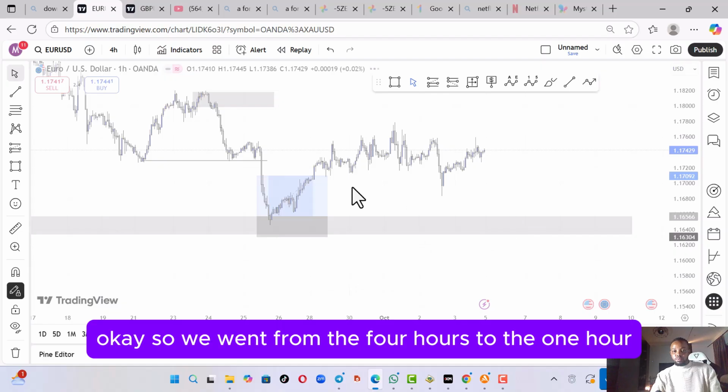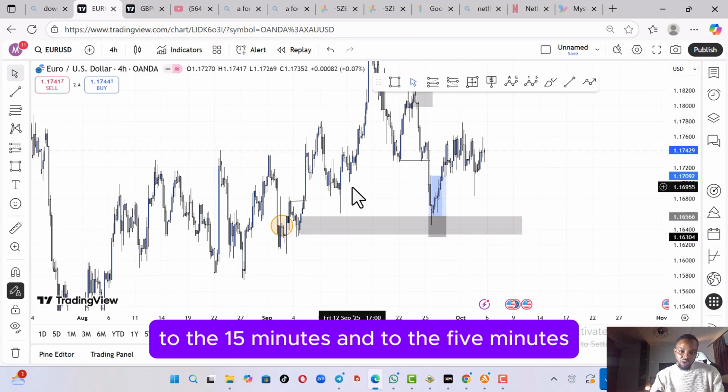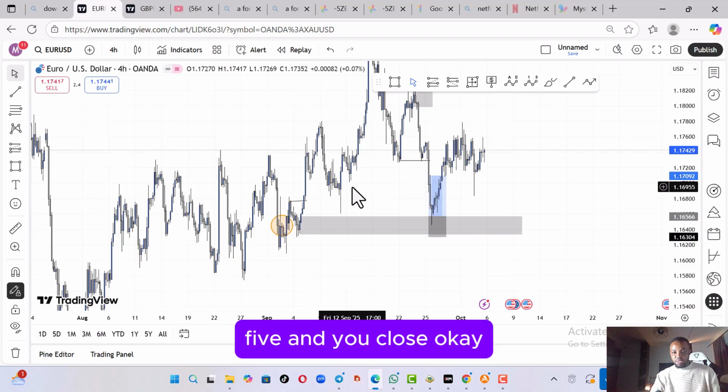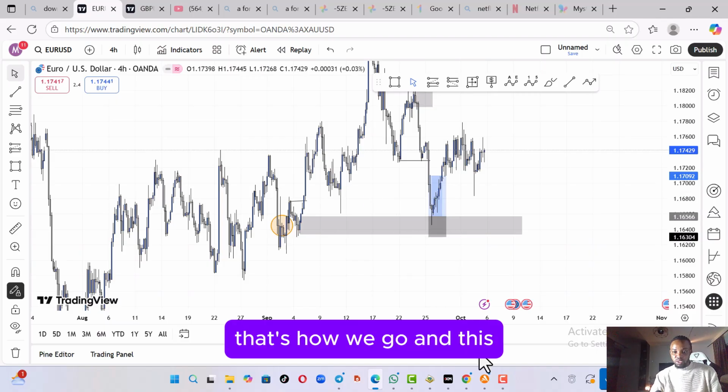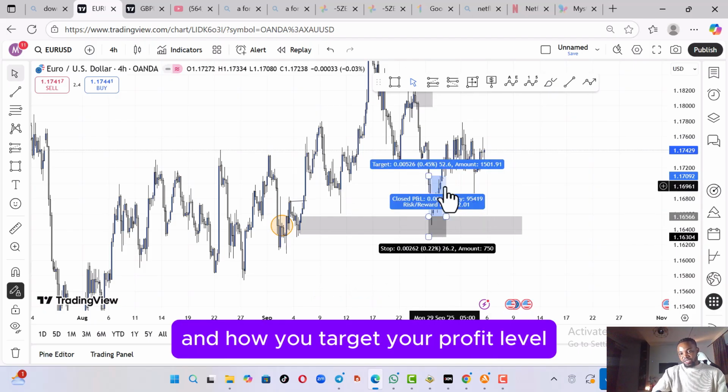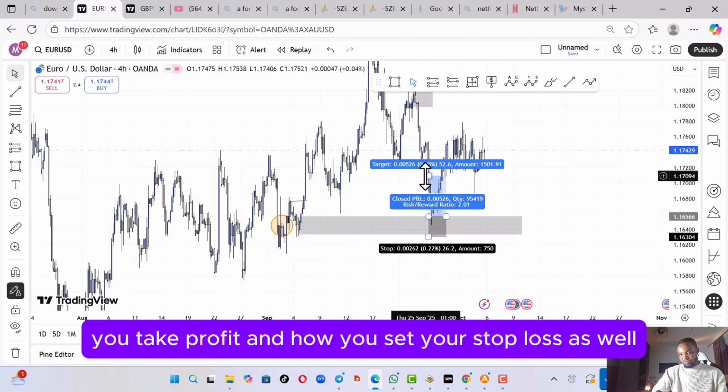Okay, so we went from the 4 hours to the 1 hour to the 15 minutes and to the 5 minutes. If you want to trade, you just go to your 5 minutes on your MT5 and you close. Okay, that's how we go, and this is how you take a trade, how you target your take profit, and how you set your stop loss as well.